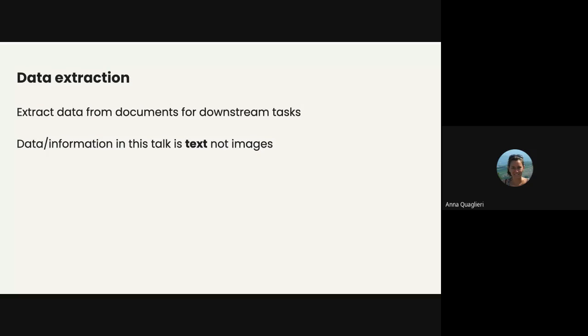In particular, we would like to extract the text, and I'm not going to talk about images, for example, detecting an image on a photo. I'm going to tell you some tips and strategies to extract text that we can then use to perform some downstream tasks.